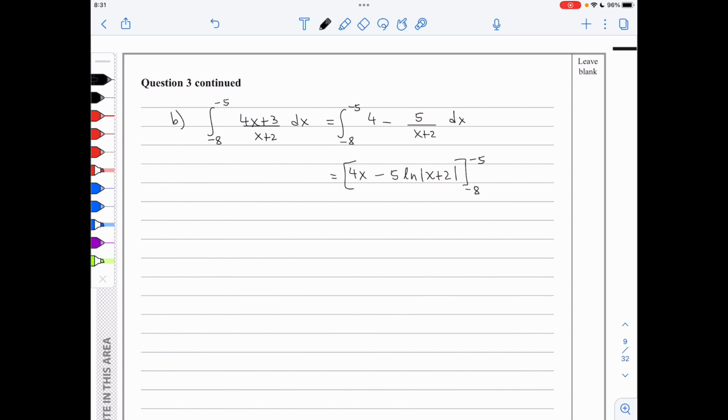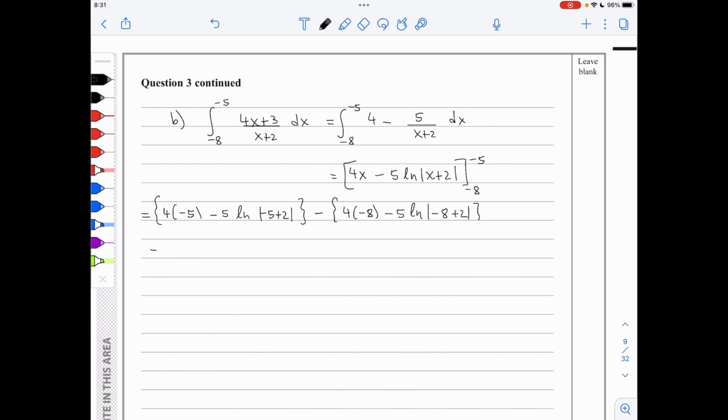I will now substitute the upper limit to get 4 times negative 5 minus 5 ln of the absolute value of (negative 5 plus 2), minus [4 times negative 8 minus 5 ln of the absolute value of (negative 8 plus 2)].